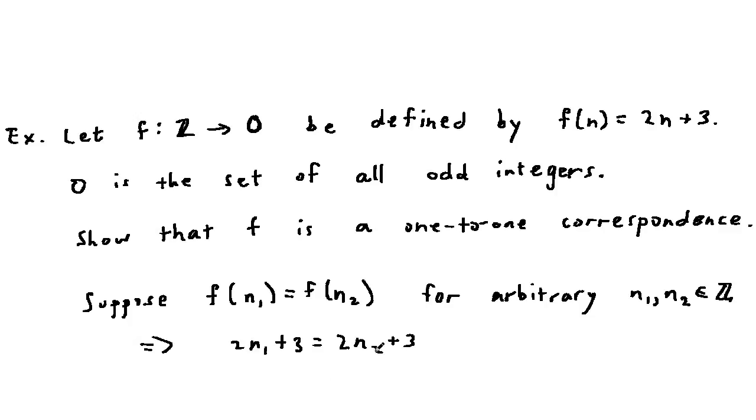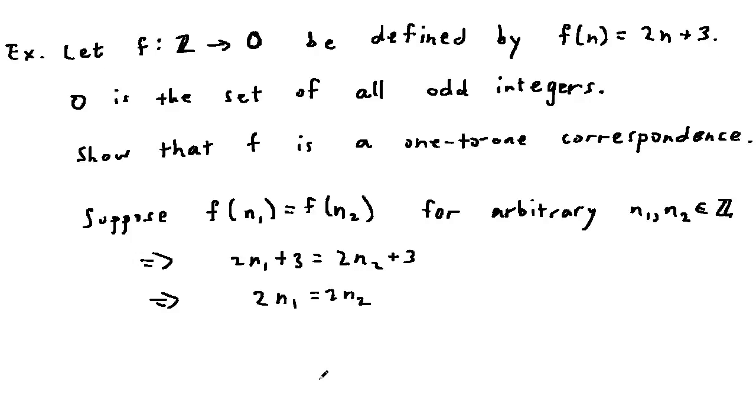This is by definition of f. Now subtract 3 from both sides, and divide out by 2. Okay, so we get that n1 = n2. So f is one-to-one.